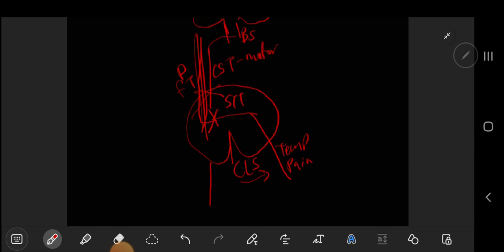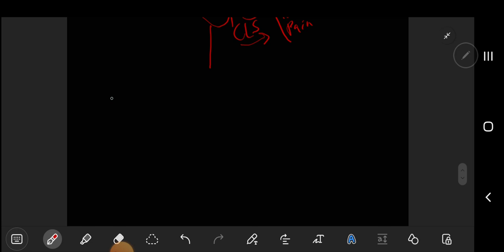Now, the treatment depends on what the cause is. If it's infection, for example, tuberculosis, then antibiotics are the way to go. But if it's a tumor, we will need surgery here. So if we're thinking about treatment, it depends on the cause.